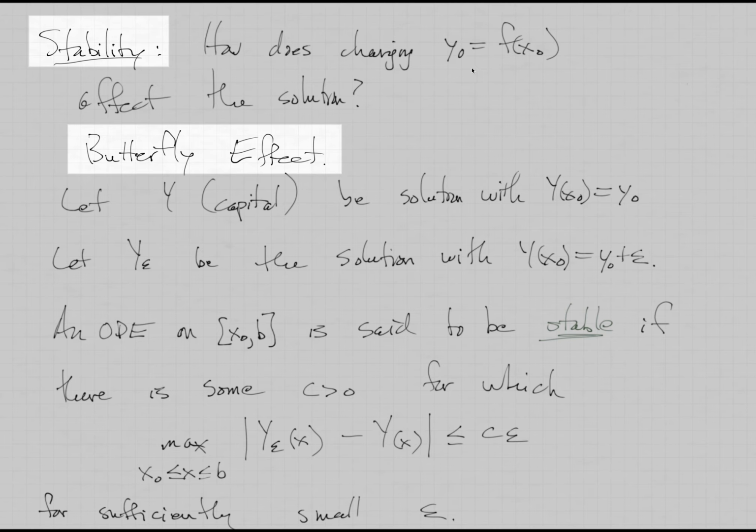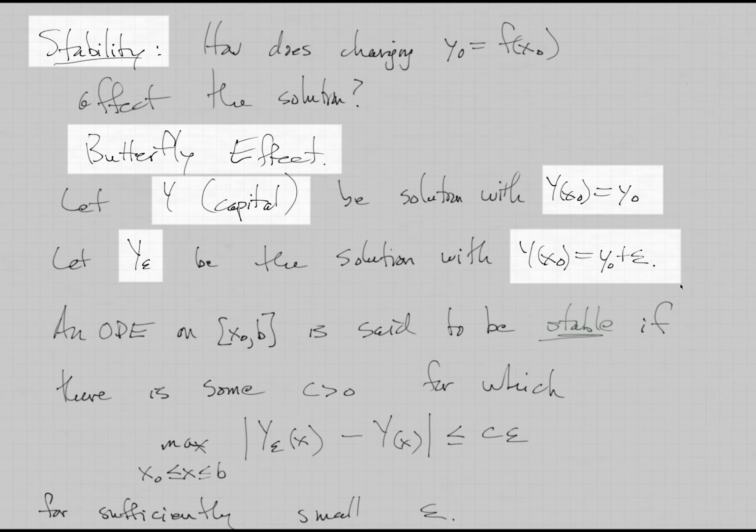is to say, look, let's suppose that capital Y here is the true solution to a given initial value problem when y of x0 equals some specific value y0. And then we'll let y sub epsilon denote the true solution to the slightly different initial value problem when y of x0 is y0 plus epsilon, right?